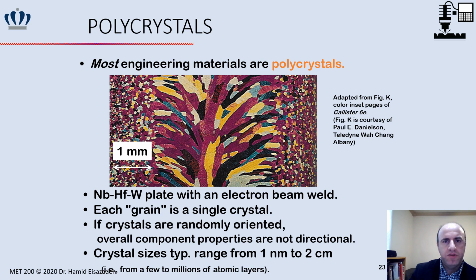As you see here, this is a part that was welded. Different color means different grain, and near the weld we have larger grains. Further away from the weld, the grains are smaller compared with the weld zone, this area.